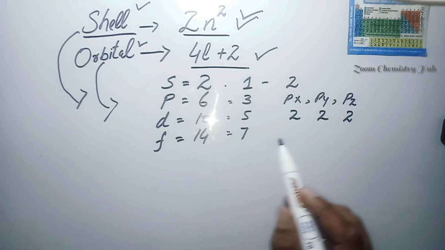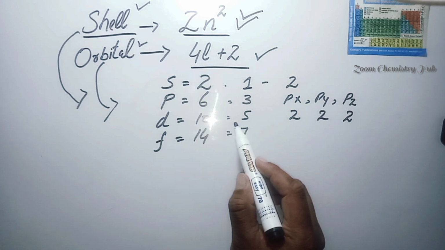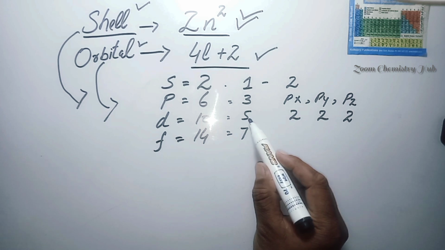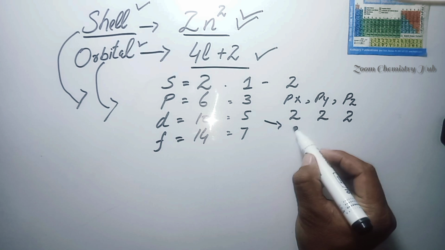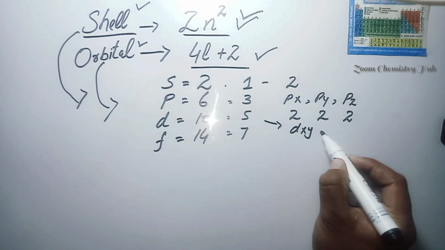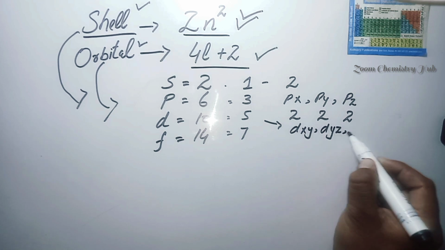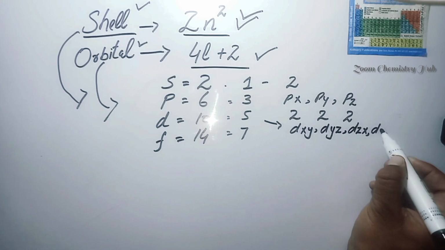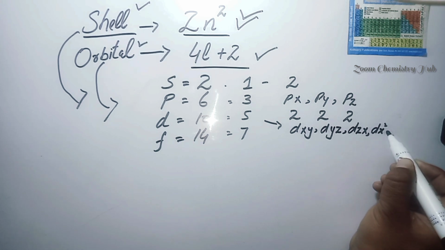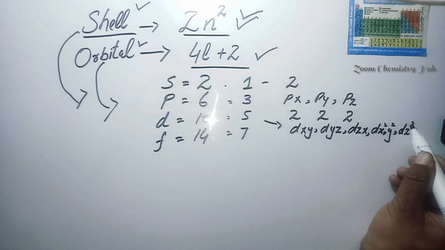Similarly, for the d subshell, d has 5 degenerate orbitals, that is dxy, dyz, dzx, dx square minus y square, and dz square.